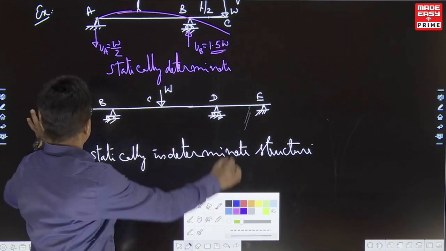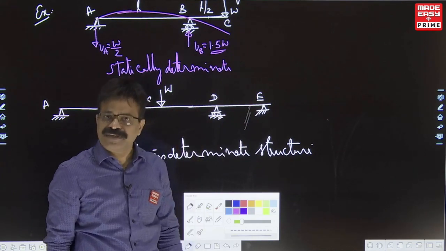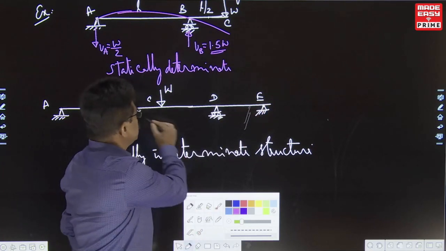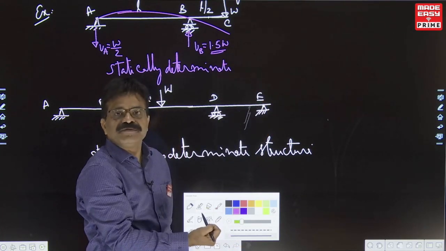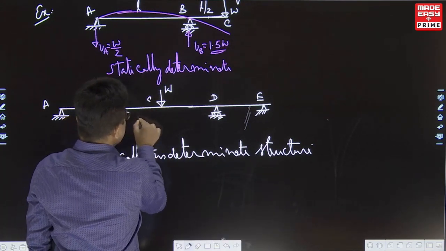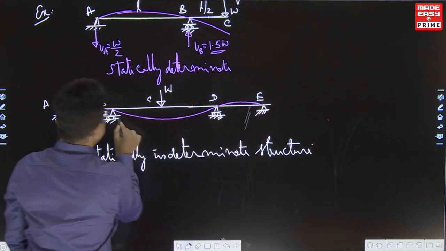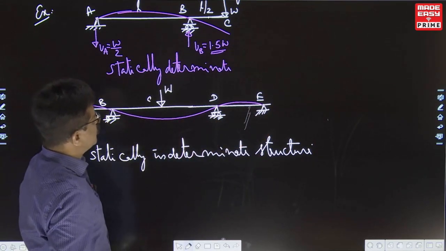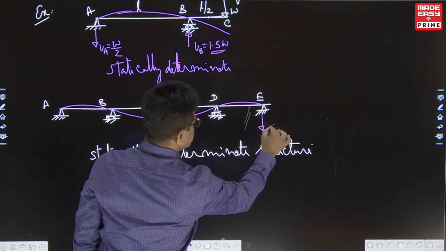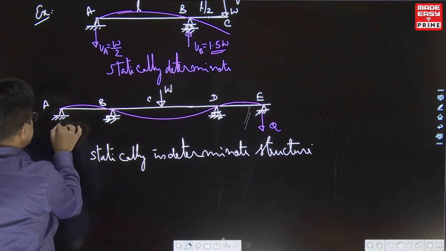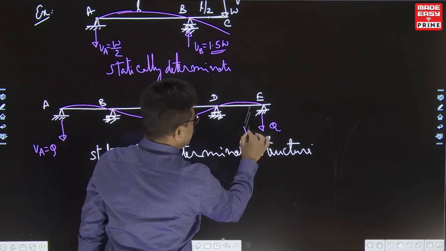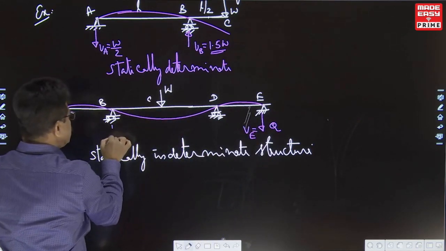the reactions at VA and VE will be less, because it doesn't deflect down, so the force required to pull it down is very less. Supposing that flexibility is more, so that deflection is more like this, say. This is a deflection profile. You will find that here there is a reaction, this downward force, let us say some Q. Reaction here is Q. Because of symmetry, VA is also Q, VE is also Q. Now what's the reaction at B?